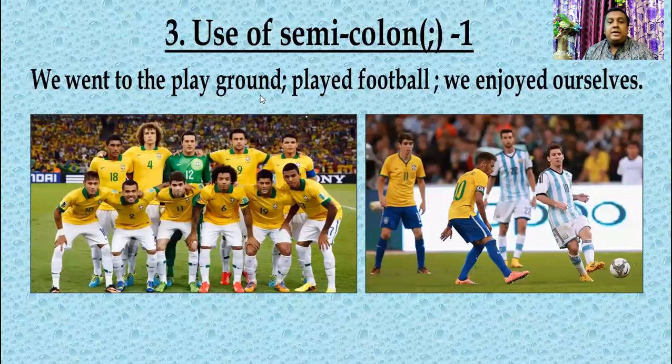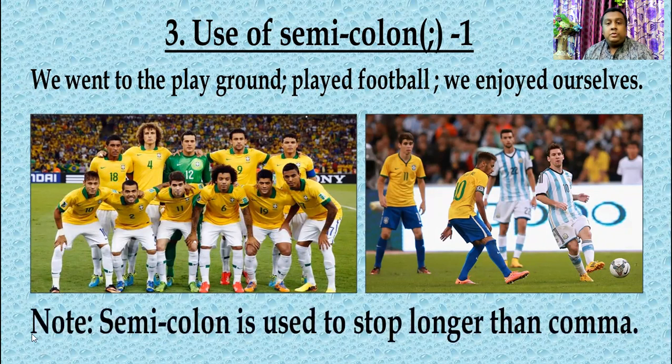We went to the playground; played football; we enjoyed ourselves. So the rule is: a semicolon is used to stop longer than a comma. For a longer pause than a comma, we use a semicolon.